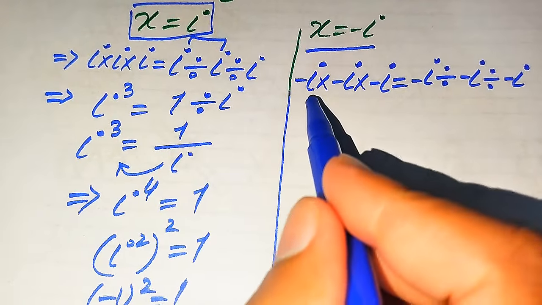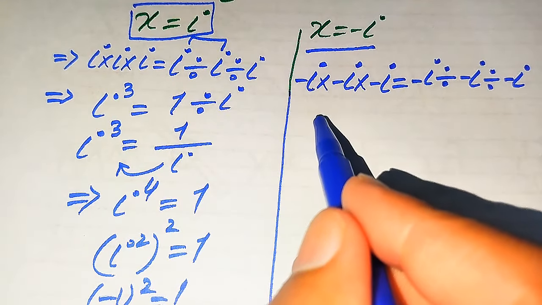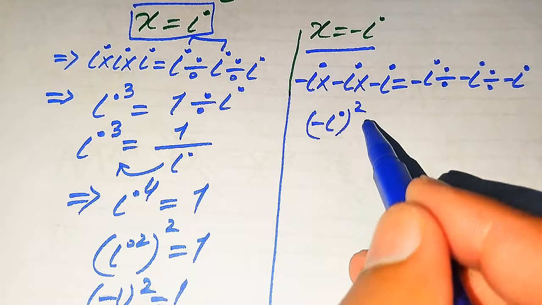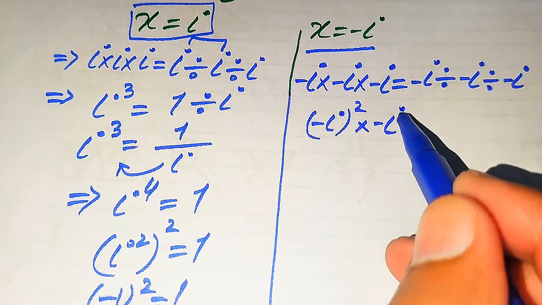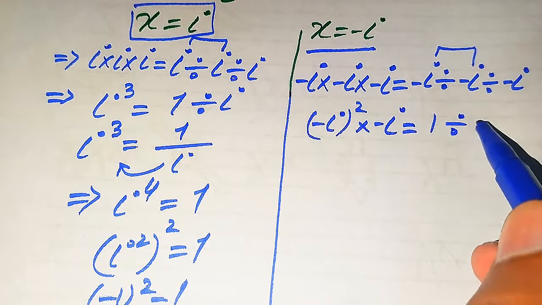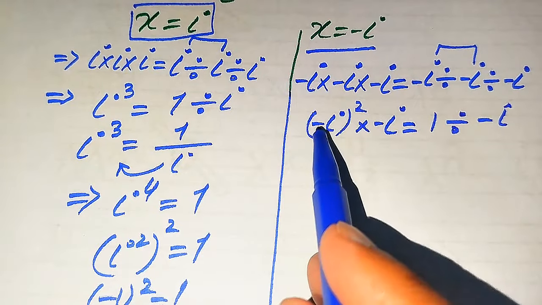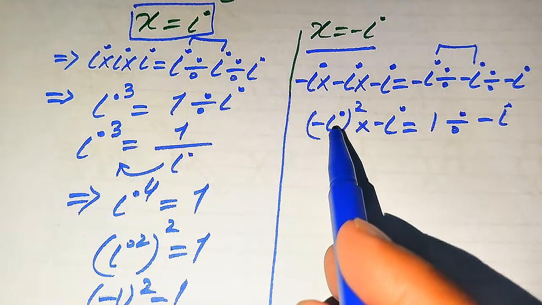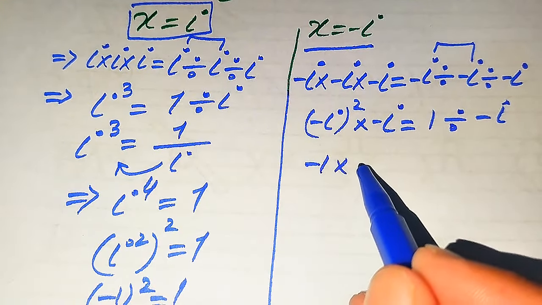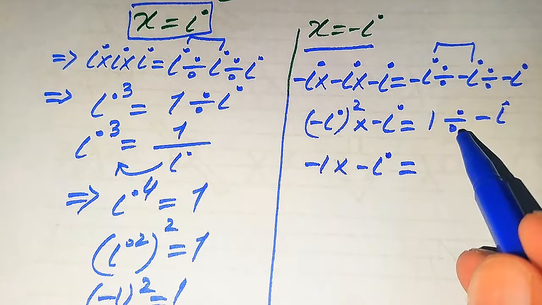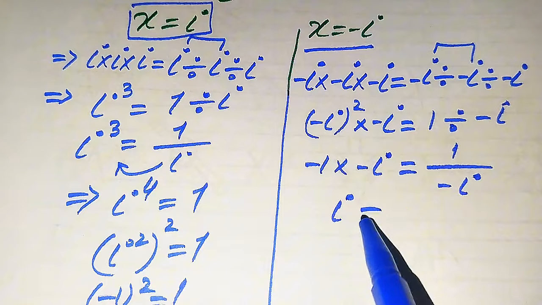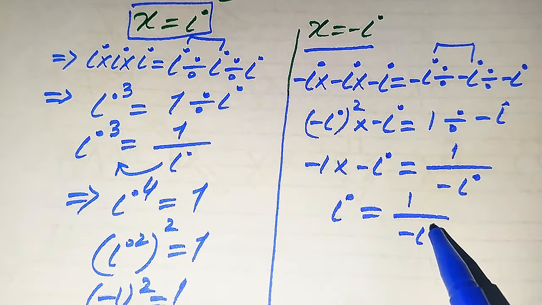When we multiply minus iota with minus iota it becomes minus iota square multiplied by minus iota, and when we divide these two values, we get 1 divided by minus iota. So minus square becomes plus and iota square becomes minus, so it becomes minus 1 multiplied by minus iota is equal to 1 over minus iota. So here we get iota equals 1 over minus iota.